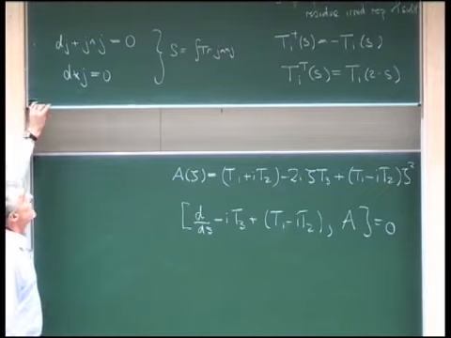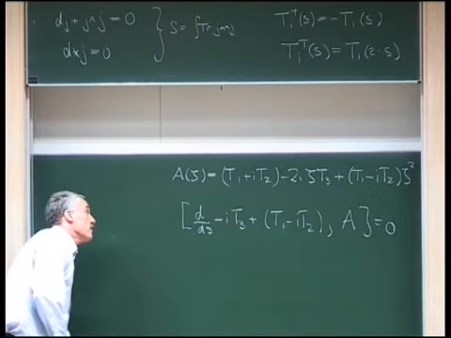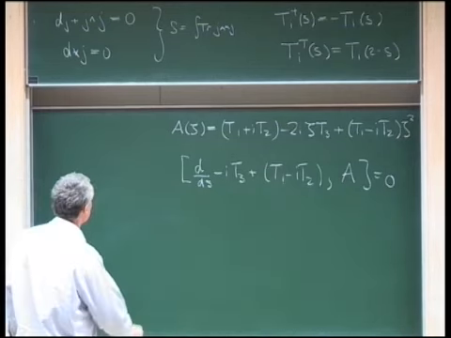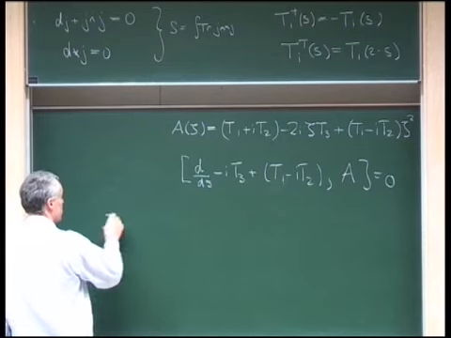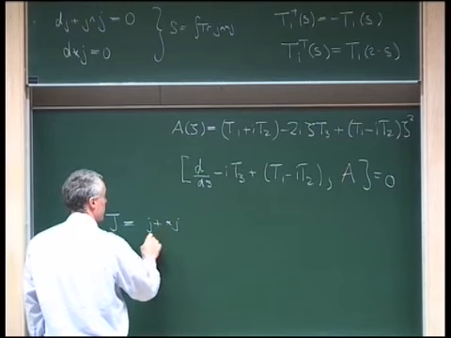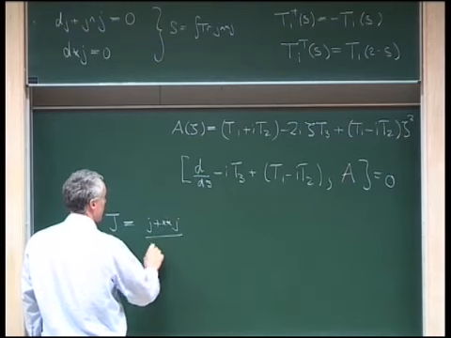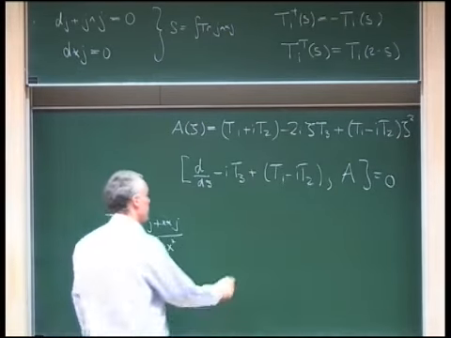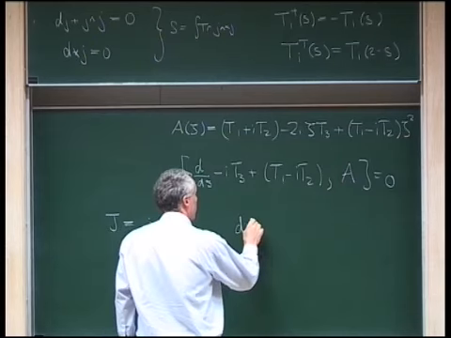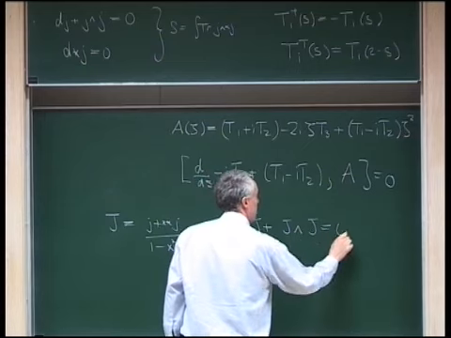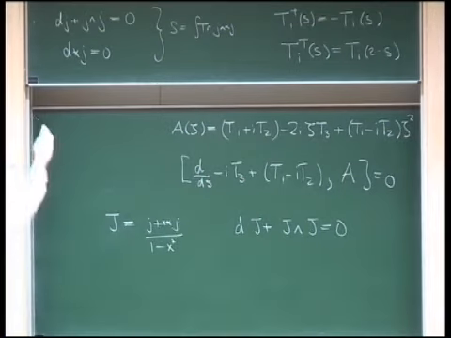Likewise, with our second sigma model, we can group things together. We can introduce a current capital J, little j plus Hodge star j times x over 1 minus x squared. We'll discover that we have a flatness for the connection, which will give us back both sets of equations.